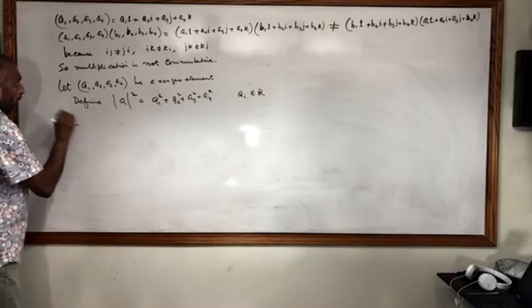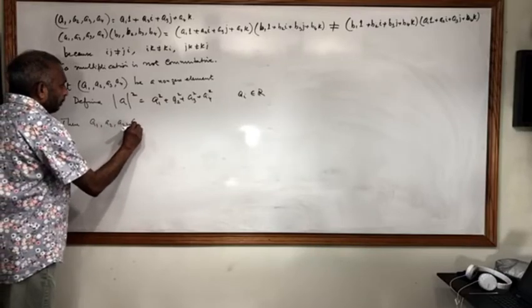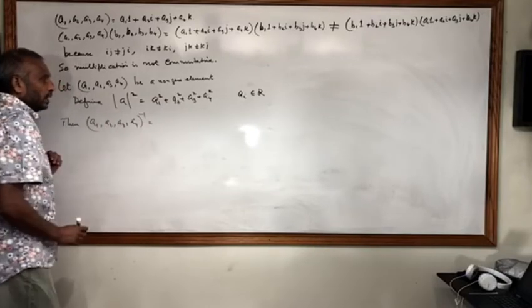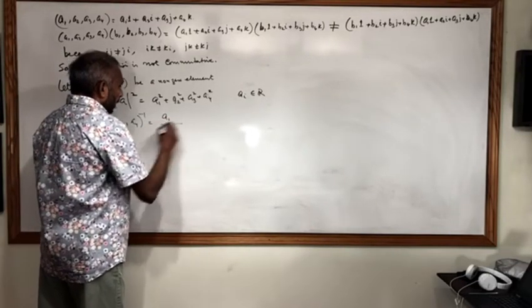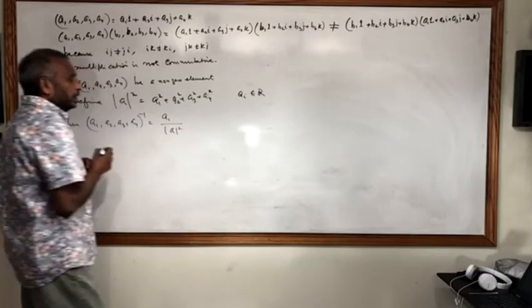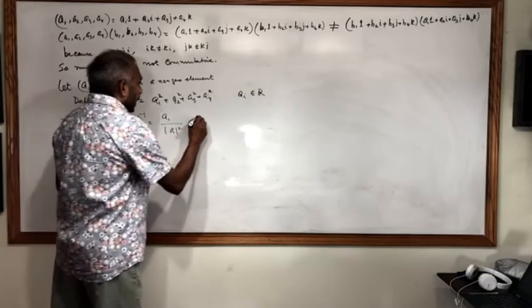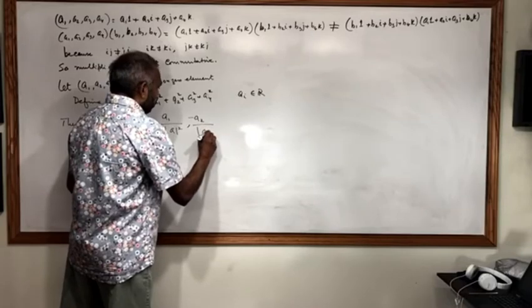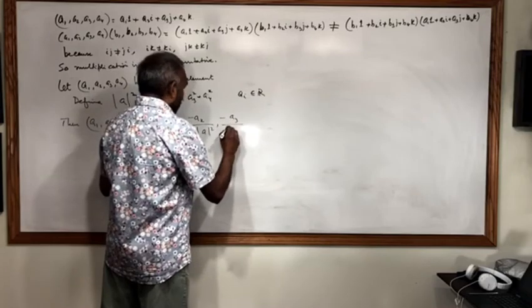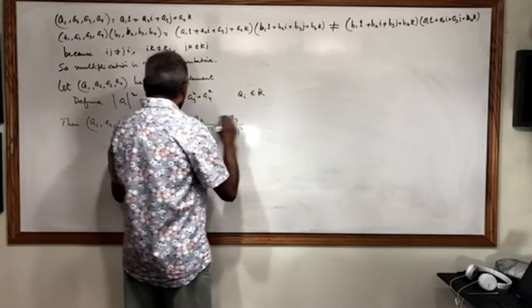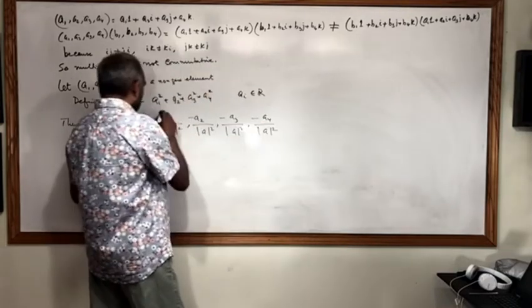Then (a1, a2, a3, a4) inverse is going to be (a1 by the norm square, minus a2 by norm square, minus a3 by norm square, minus a4 by norm square).